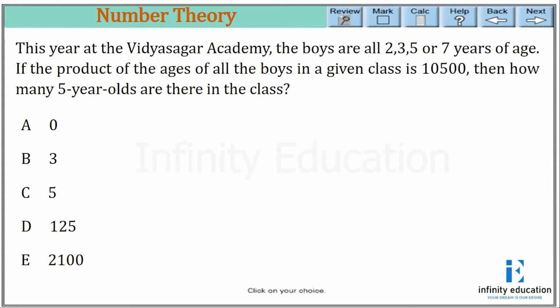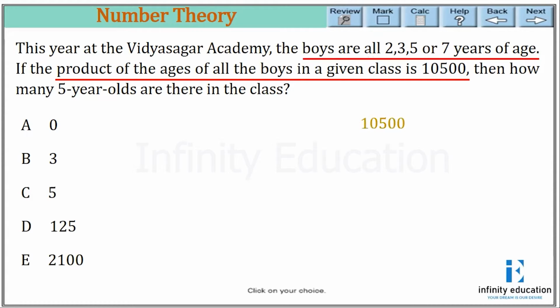So there is a lot of information: the boys are all either 2, 3, 5 or 7 years of age, and the product of all the ages is given as 10,500. To find the number of students of each age, I have to find the prime factorization.